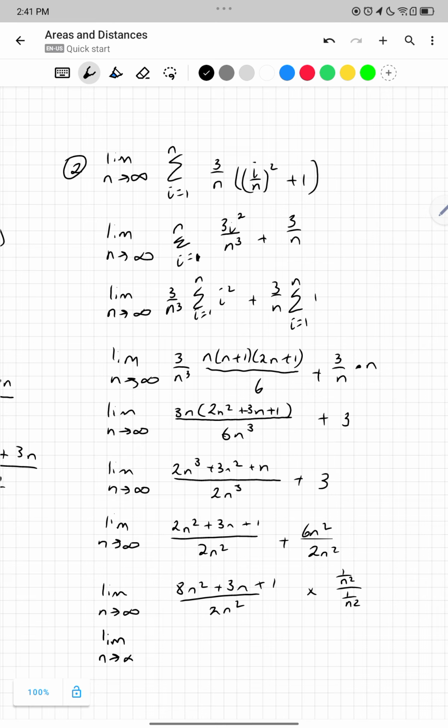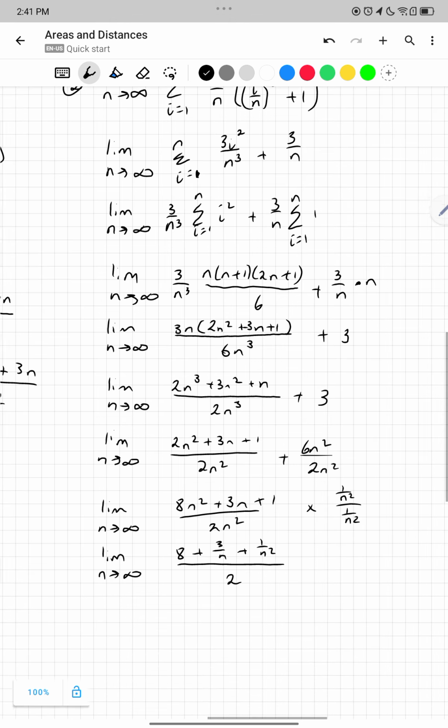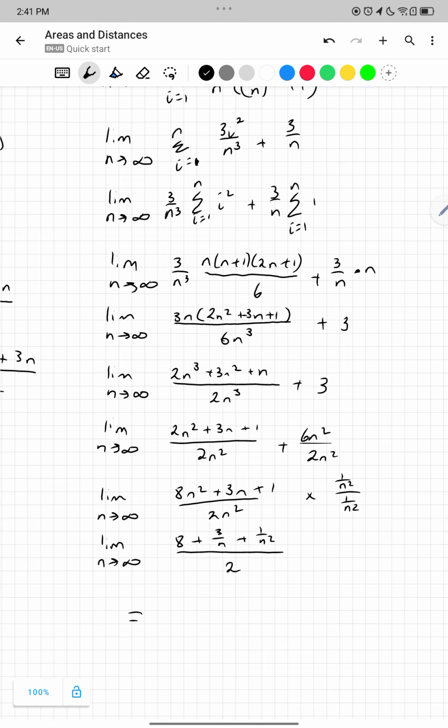Then as n approaches infinity, we have 8 plus 3 over n plus 1 over n squared all over 2, which when we evaluate the limit, we'll have 8 over 2, which is 4.